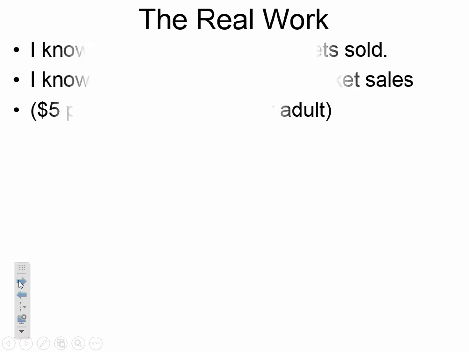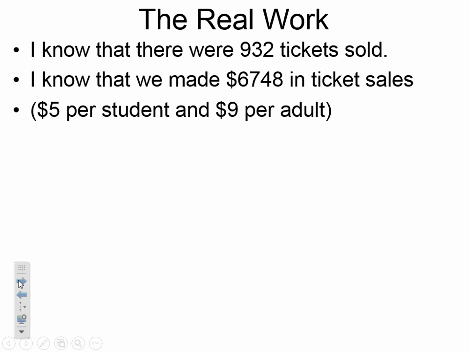So, real life situation. This part you do have to write down, ladies and gentlemen, so write this slide down, please, okay? Real world. I know that there were 932 tickets sold total. I also know that we made $6,748 in ticket sales.